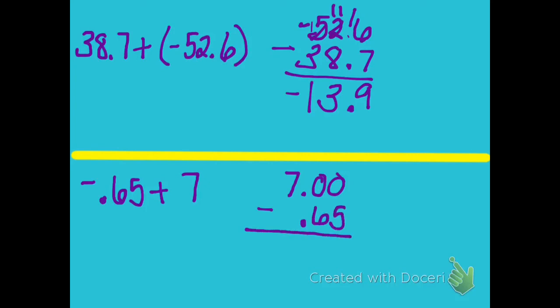So now you're going to have to borrow. So we have a 10 here, a 9 here, and a 6 here. So 10 minus 5 is 5, 9 minus 6 is 3, and then 6 minus nothing is 6. Go back and check your signs. 7 is the higher place value and it is positive, so the answer is positive 6.35.